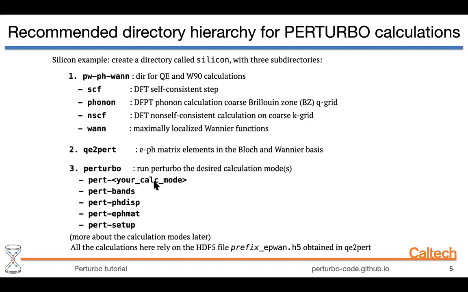And in the first directory, we have four subdirectories: one is called scf for the DFT calculation, phonon for the DFPT calculation, nscf for the nscf calculation, and wan for Wannierization.